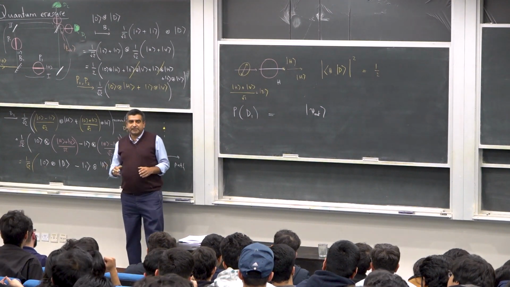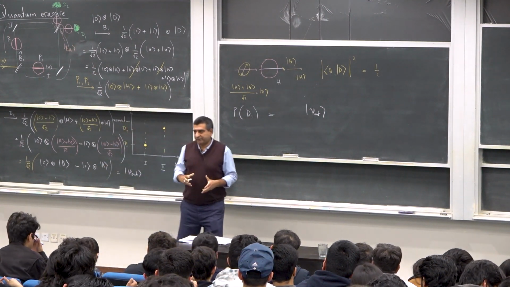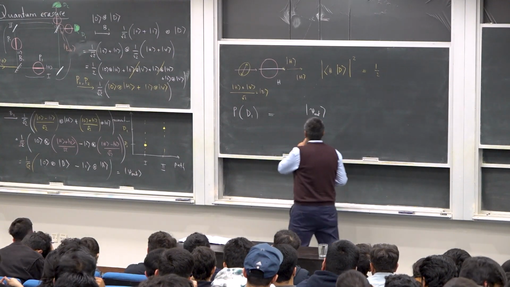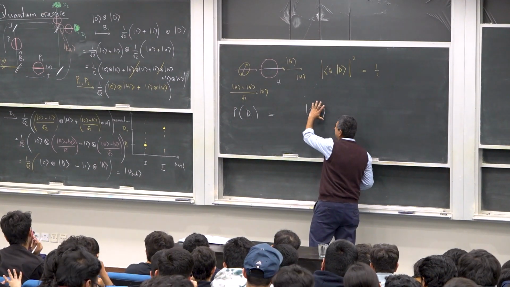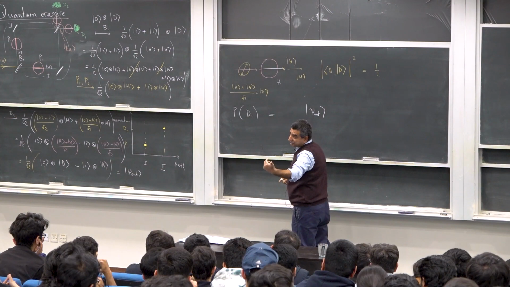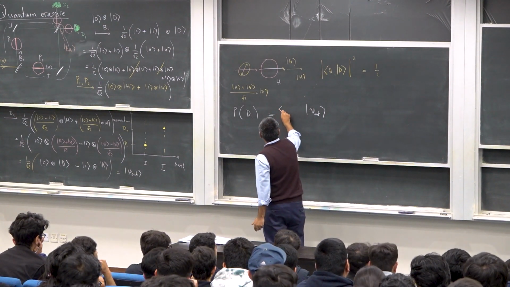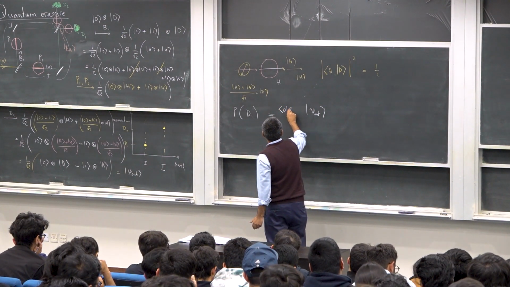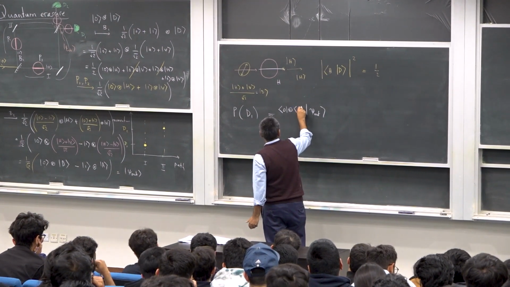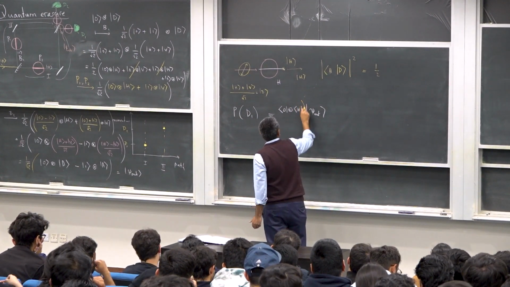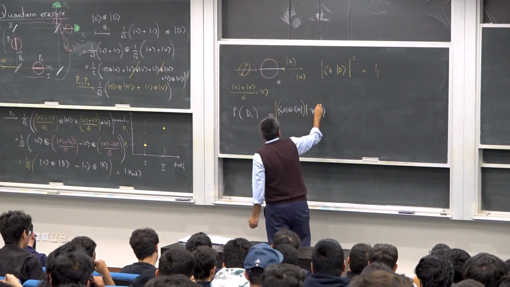So it's a composite of 2 qubits. So what we would like to do is find the overlap of this with what we've just mentioned. So we write the bra ket 0 tensored with ket h and take the modulus square of this.